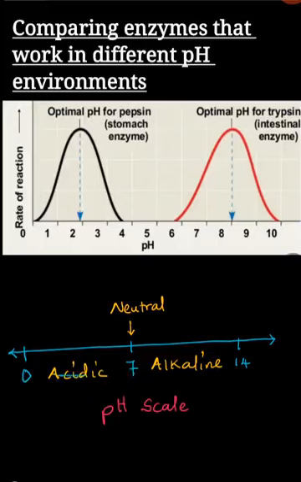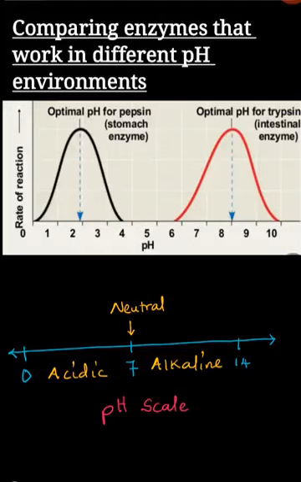Numbers that are below 7 indicate that you are operating in an acidic environment. Numbers that are above 7 indicate that you are operating in an alkaline environment. 7 is a neutral number. At 7, you are neither acidic nor alkaline. All right, that's the thing.